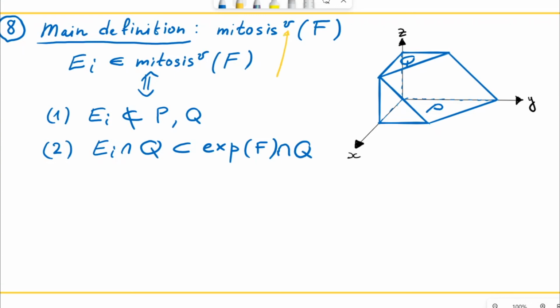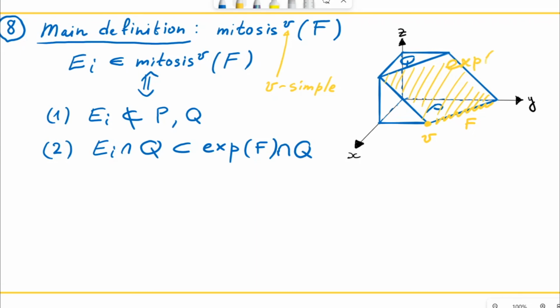And here, for simplicity, I would like to require that the vertex V is simple. If the vertex V is simple, then it is clear that there is a unique face exp, expansion of F, such that its intersection with P is exactly F. And I assume, of course, that the expansion of F is, again, not contained in P, so it's not a horizontal face.